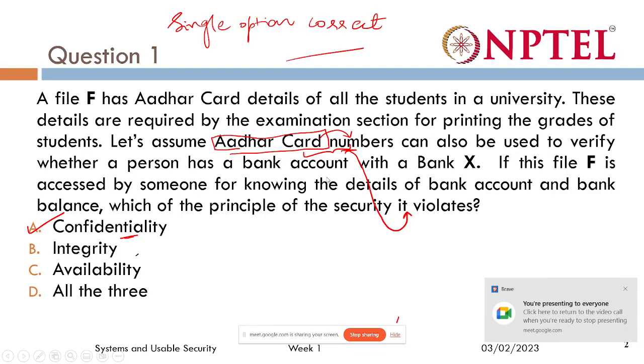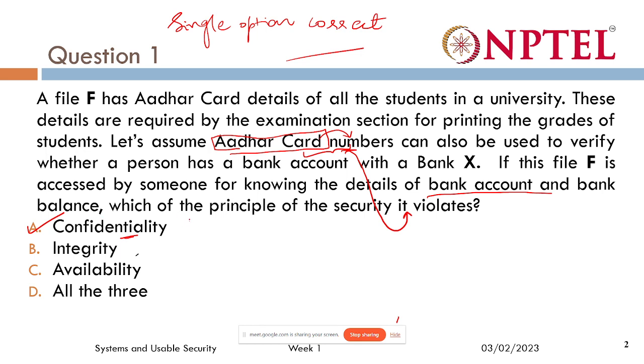So see, Aadhaar card can be considered as a primary key, and here Aadhaar card is linked to the bank account details. So if someone knows the Aadhaar card number, then they also know your bank account details, your account number, and all the password, and the bank balance that you have.